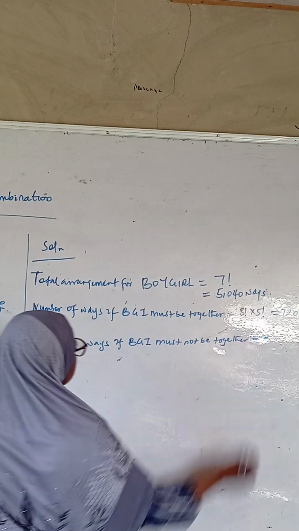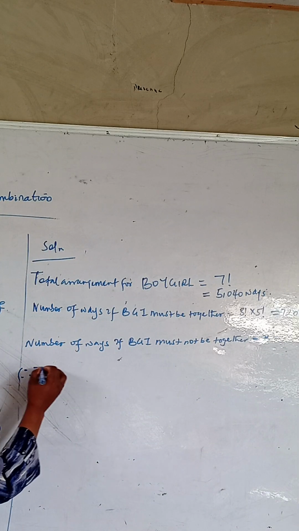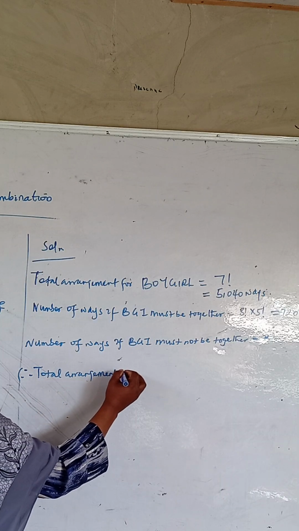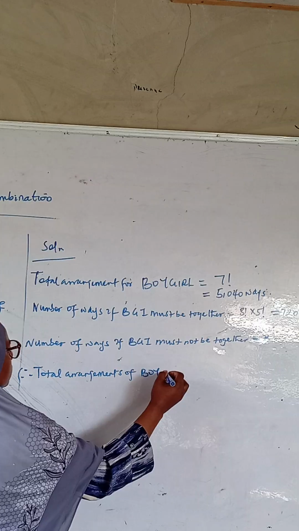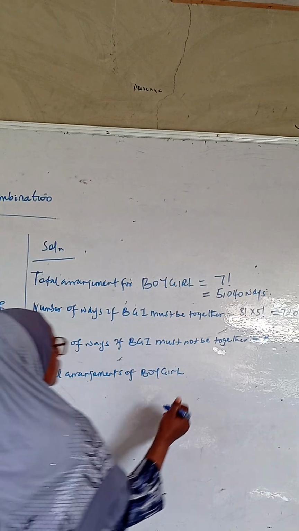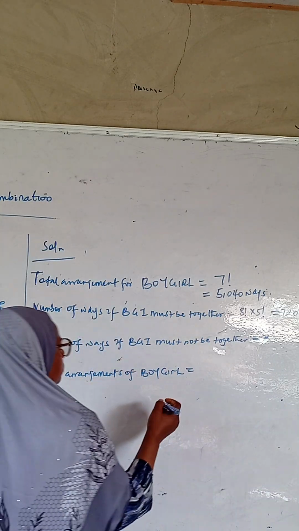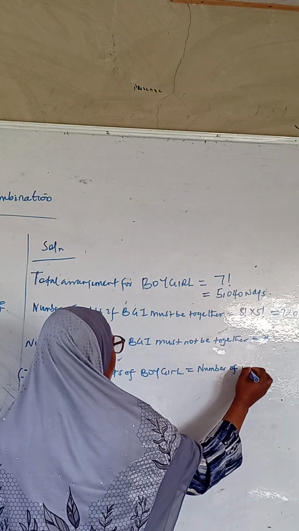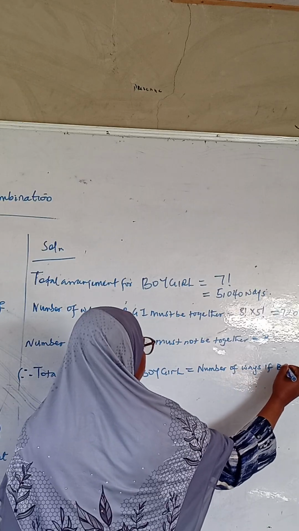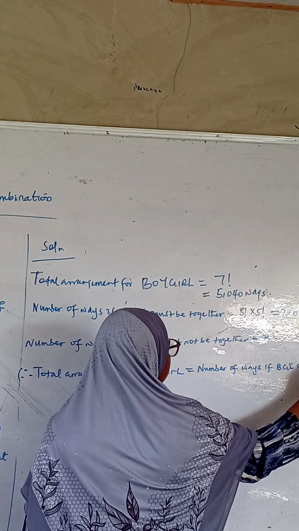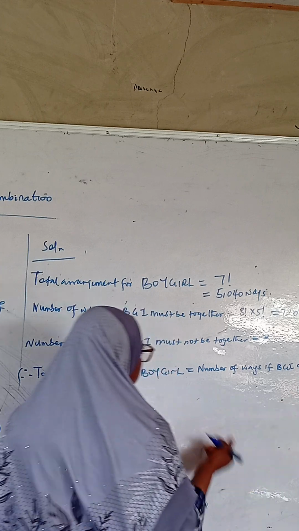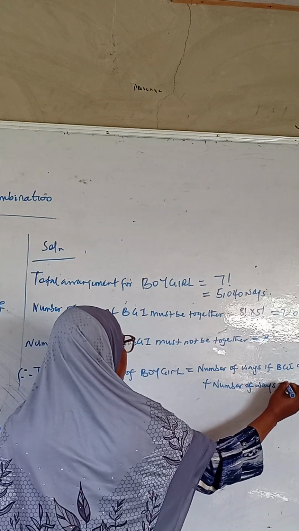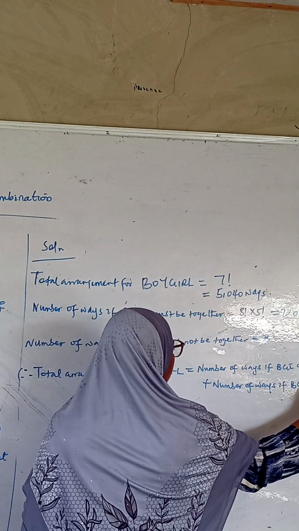Let's say it is X. So, total arrangement of BOY GIRL is equal to the number of ways if BGI are together, plus the number of ways if BGI are not together.